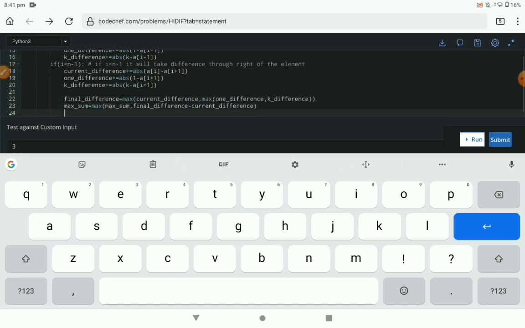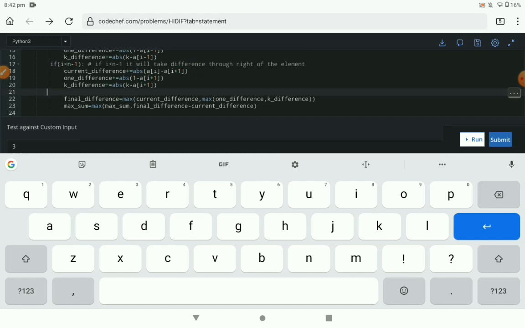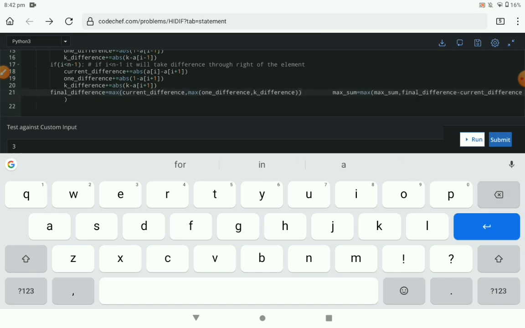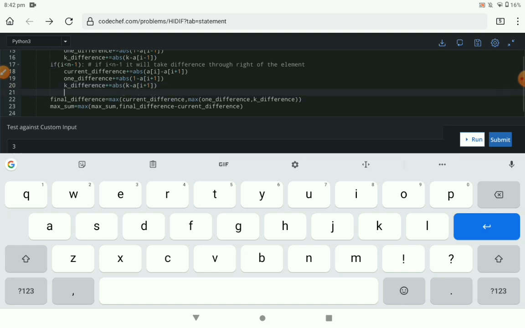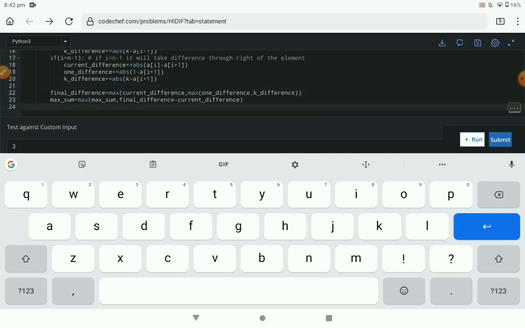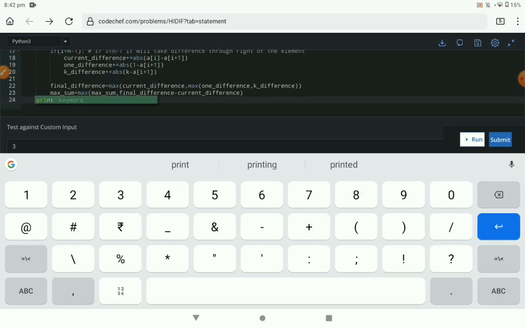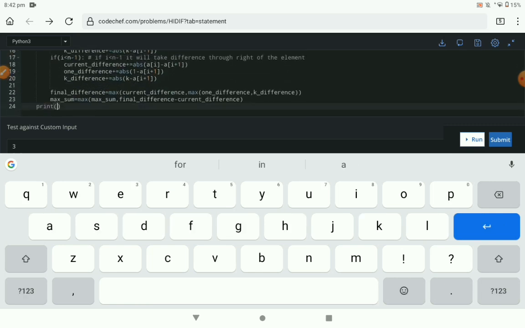Is that okay? Yes. So now we will print. We will just print the difference sum plus maximum sum.